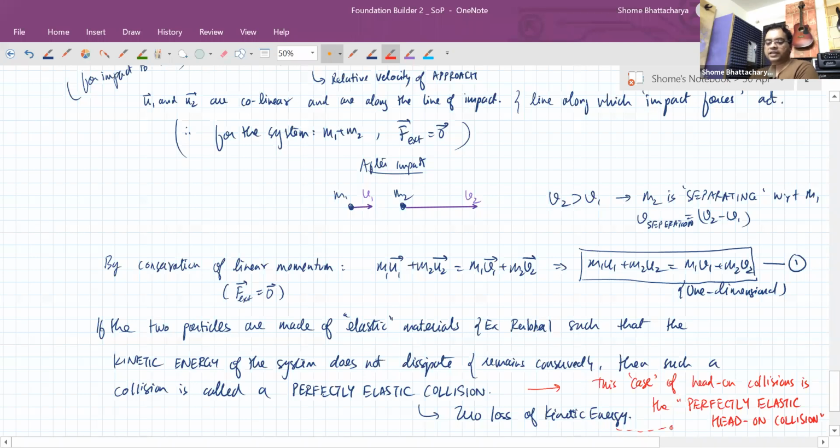For this case, we will get a second equation along with the momentum conservation, which was the first equation. We will also apply the conservation of kinetic energy.